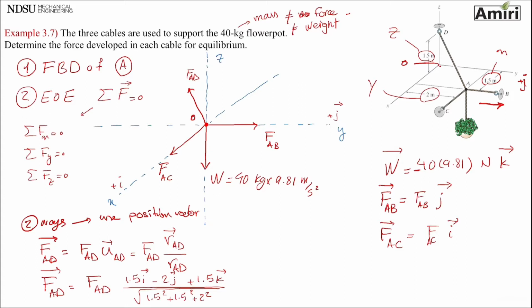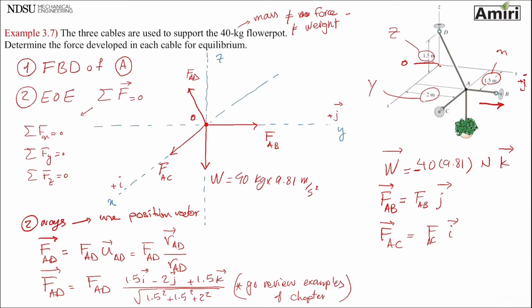If you're not sure what I'm doing here, if you're a little bit confused here, go review examples. I think it was last examples of chapter 2 when I do this type of problem. Okay, I explain everything in details in that video, so make sure to go back and check that video. But this is my FAD.